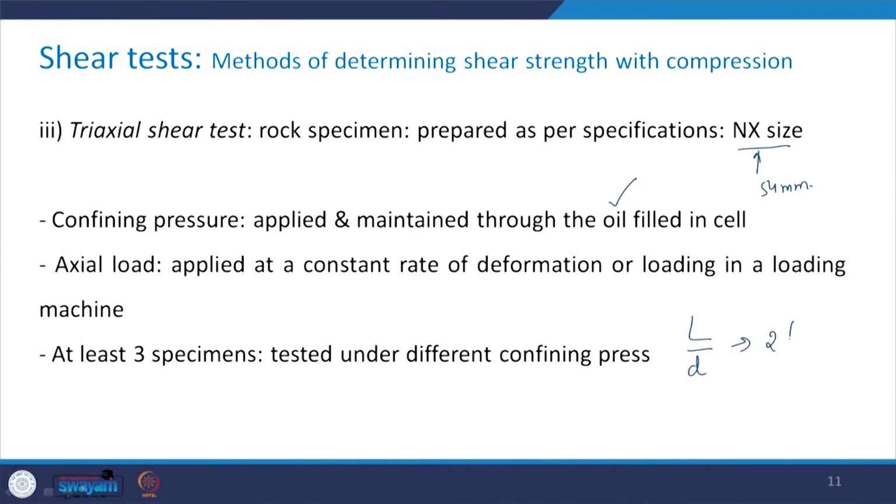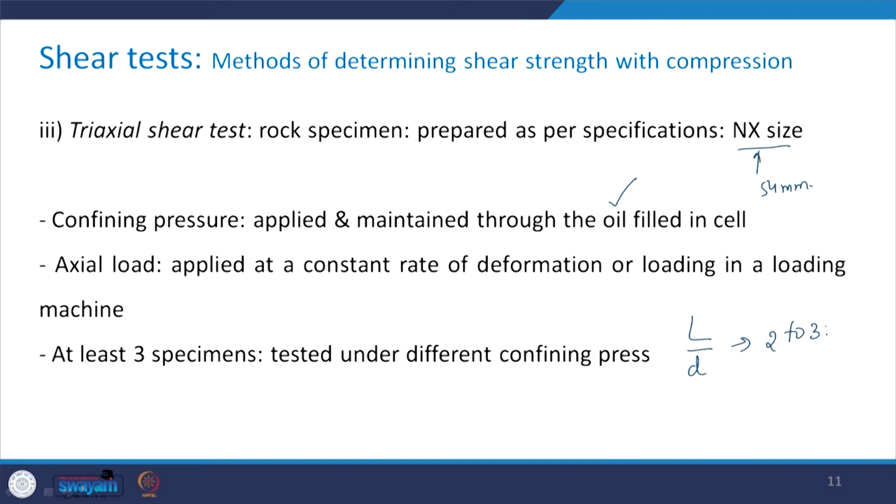Ideally, we should do as many as possible, but you have seen that there are difficulties associated with the extraction of rock cores and preparation of a specimen. At some site it may happen that you will get very few specimens such that their L by D ratio is lying between 2 to 3.